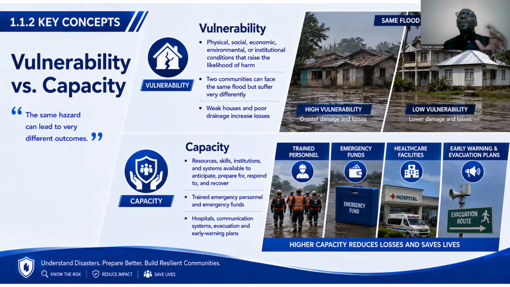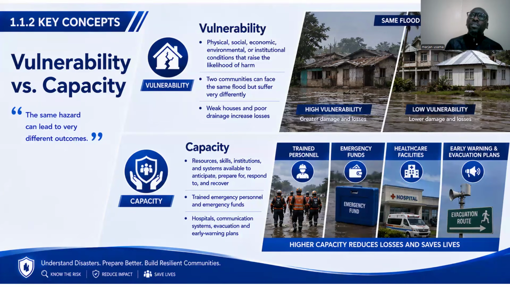Then number two, capacity. When we're talking about capacity, we are talking about al-mawarid, resources, al-maharat, skills, and institutions, al-munazzamat, organizations and systems available to anticipate, prepare for, respond to, and recover during a disaster.